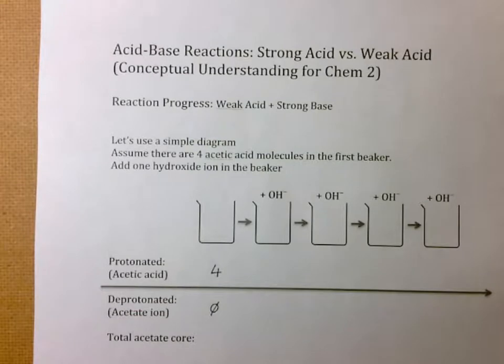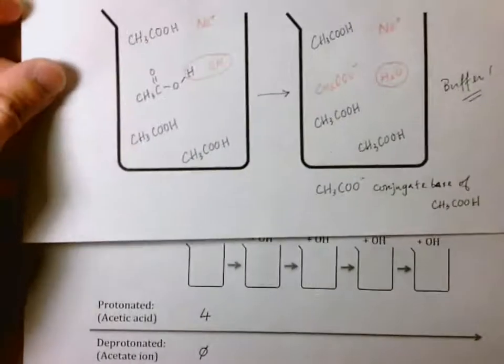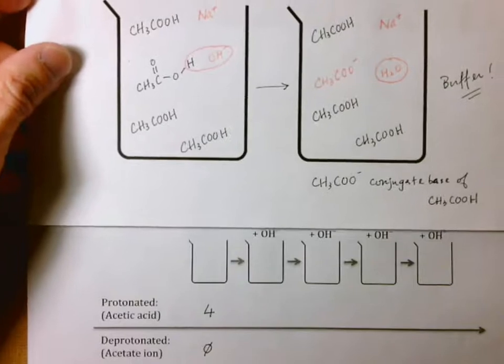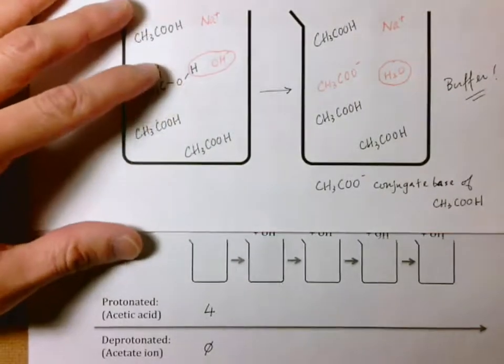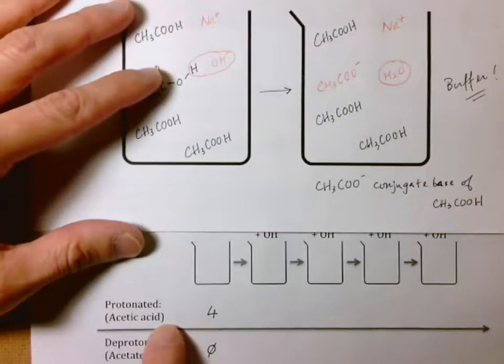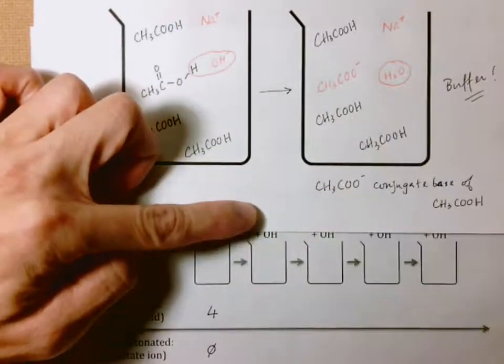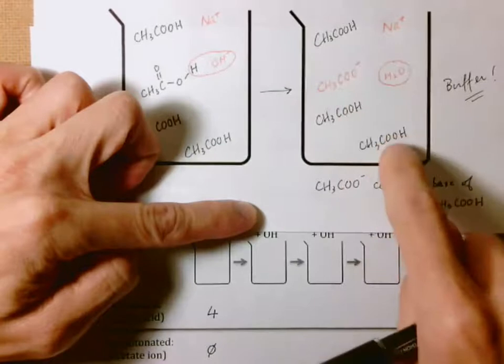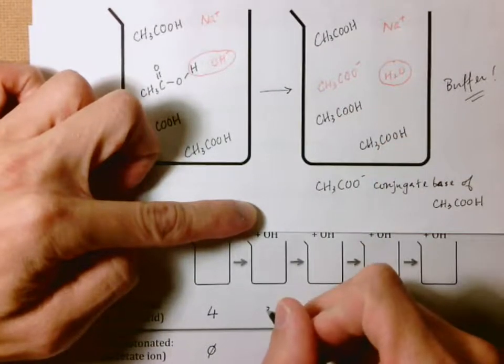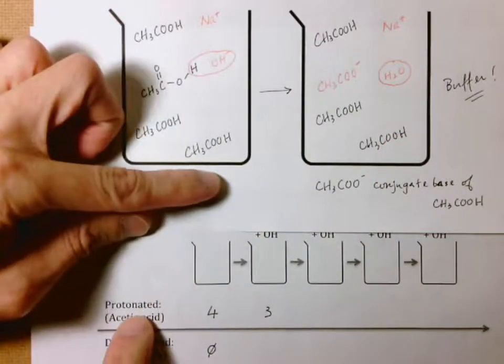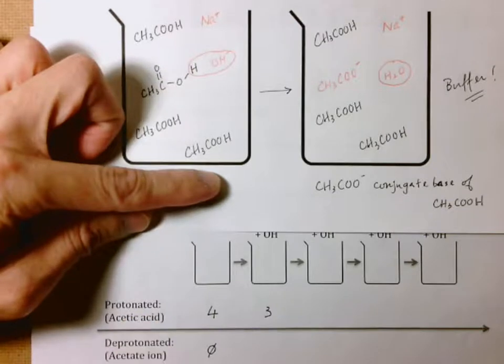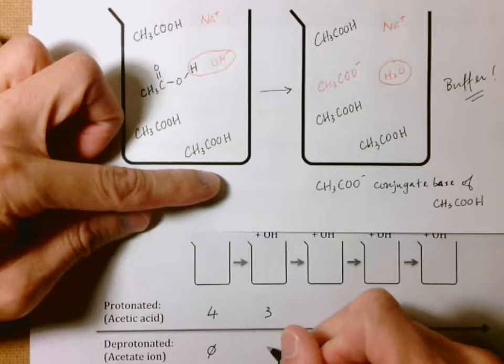But how is that different from these beakers? Well, you can see here, if I add a hydroxide, just like this step, I have 3 acetic acid, the protonated form. How many deprotonated form do I have? I have 1.